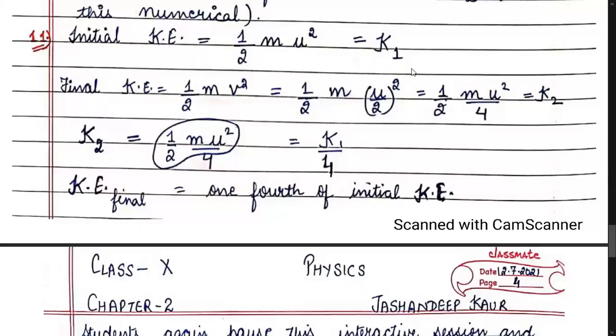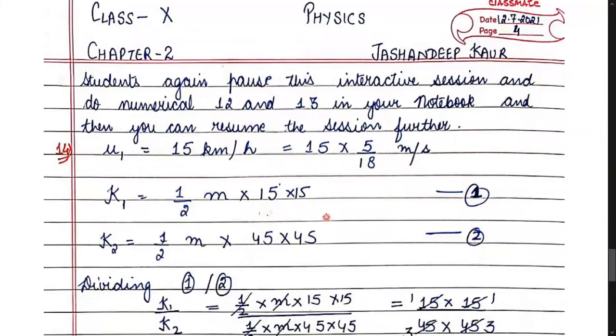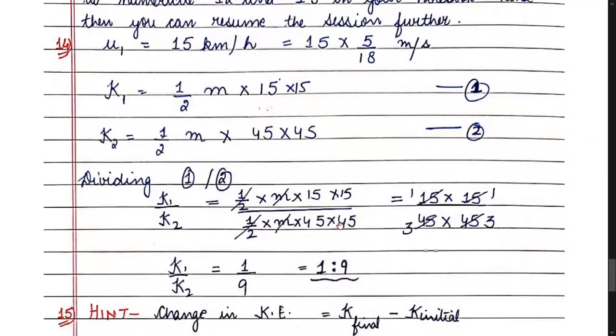So children, coming further, after question number 11, you will be doing the 12th and 13th questions yourself using the formula of kinetic energy. And similar is your 14th question also, that a car is running at a speed of 15 km/h.